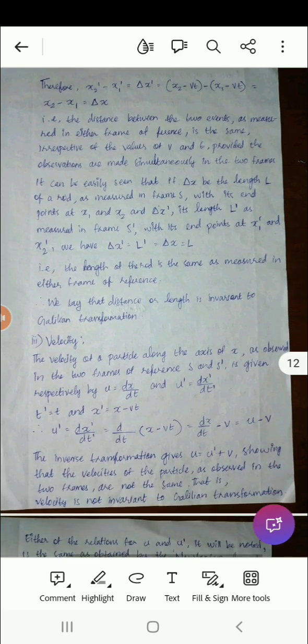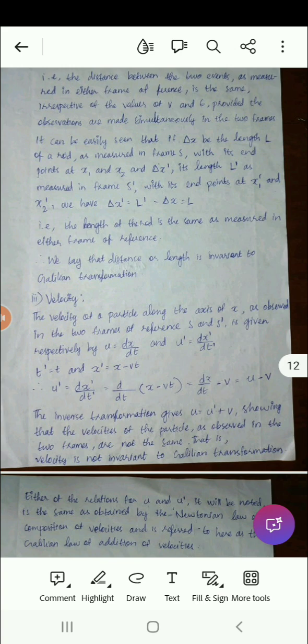So it can be easily seen that if delta x is the length L of a rod as measured in frame S with its endpoints at x1 and x2, and delta x dash is its length L dash as measured in frame S dash with its endpoints at x1 dash and x2 dash, we have delta x dash equal to L dash, which is equal to delta x, which is equal to L. So the length of the rod is the same as measured in either frame of reference.